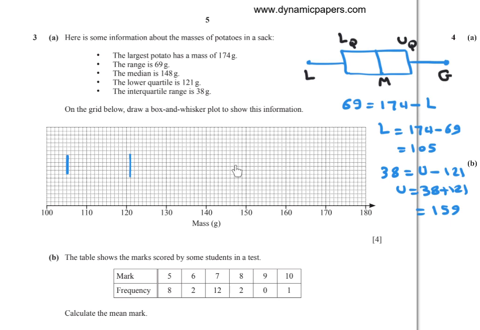So 148. Upper quartile 159. So 159. And the greatest value 174. So 174.